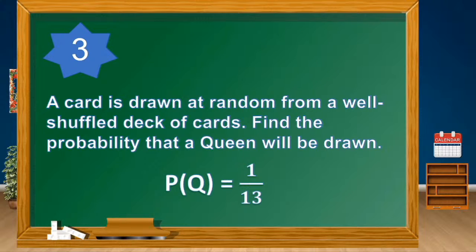The probability that a queen will be drawn is equal to 1/13.